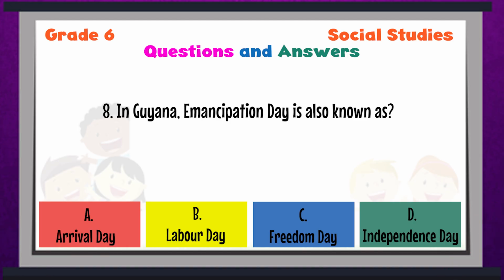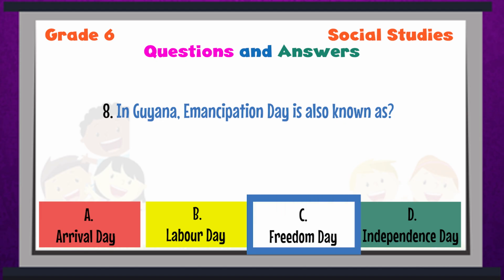Question 8. In Guyana, Emancipation Day is also known as A, Arrival Day, B, Labor Day, C, Freedom Day, or D, Independence Day? The answer to question 8 is C, Freedom Day. In Guyana, Emancipation Day is also known as Freedom Day.